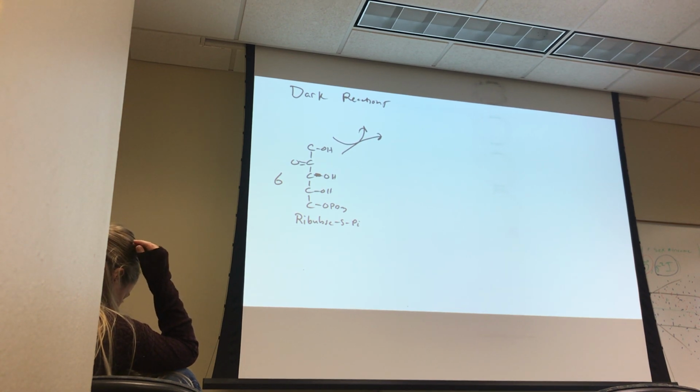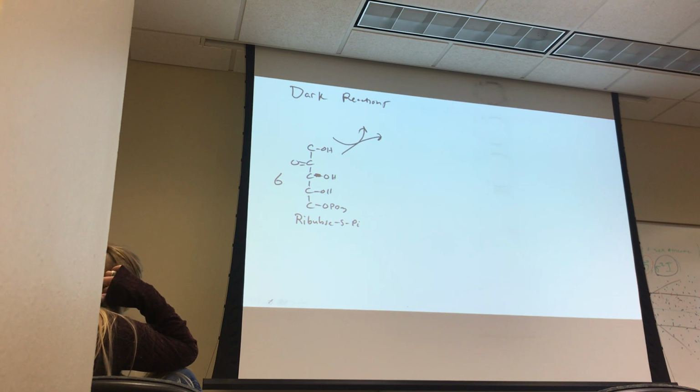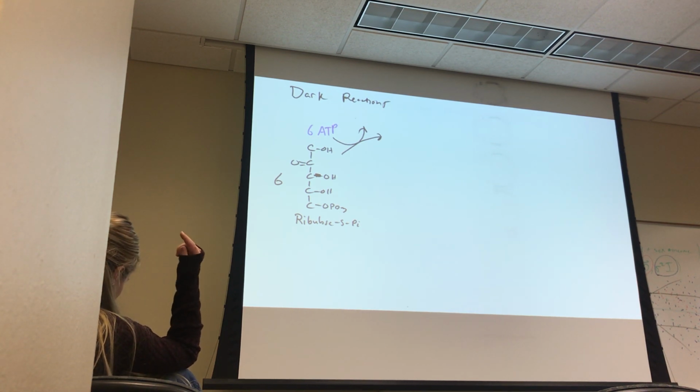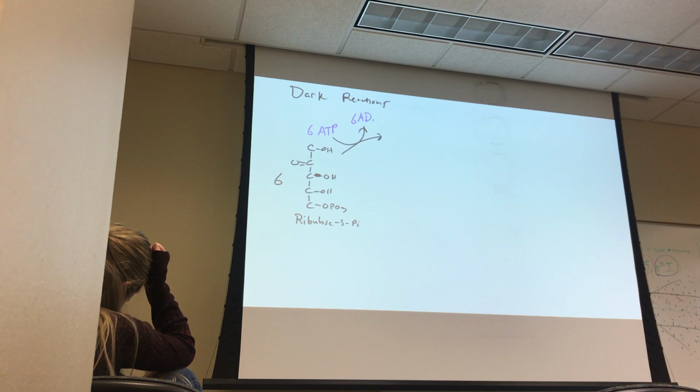But all the carbons don't go to the same molecule. They spread out on several molecules, but we get the net gain. It's about net, how much we get. So here, we're going to send in 6 ATPs. We get 6 ADPs out. Remember, these came from the light reaction.